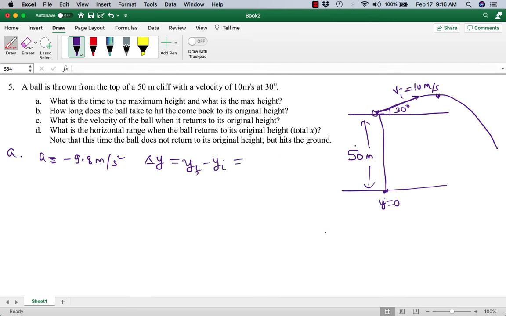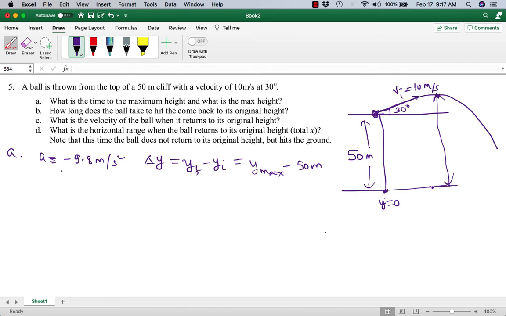So y final, starting from here up to here, is our maximum height. This is the final height. Again, we are measuring the height from the bottom of the cliff. So y max minus initial height. Initially the ball is here, so from the bottom of the cliff to here is 50 meters. So that's our delta y.